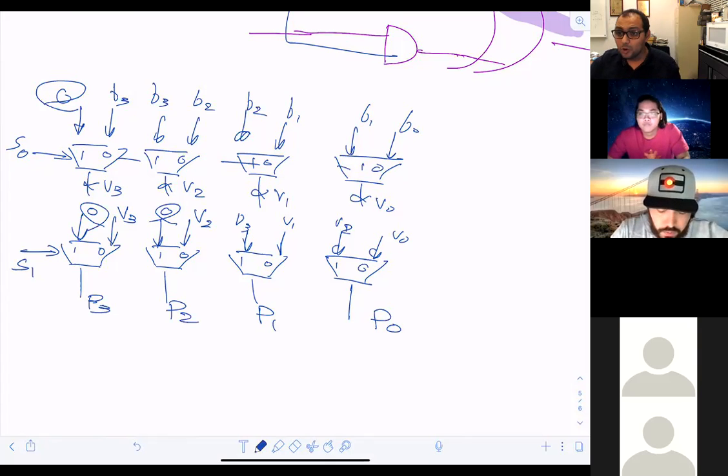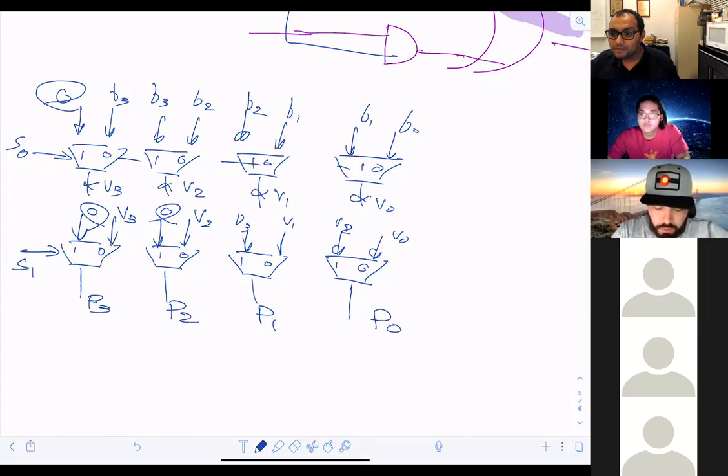Okay. So what if I would like to make this circuit perform both of them? It's a piece of cake, honestly. How are we gonna do it?